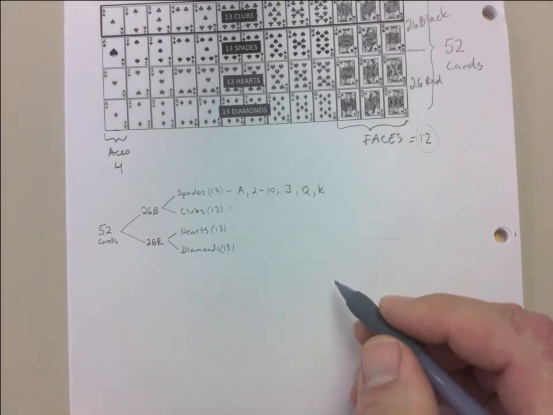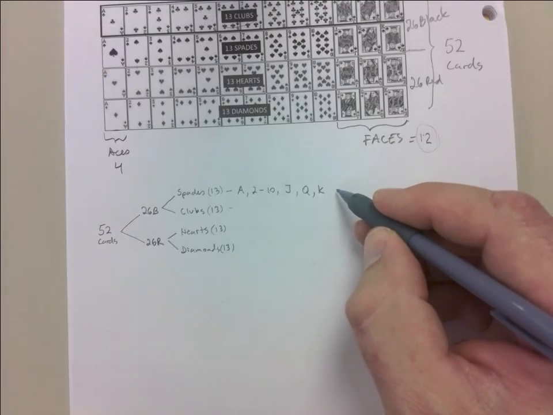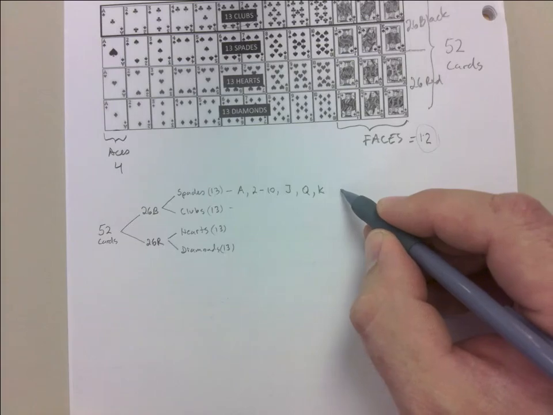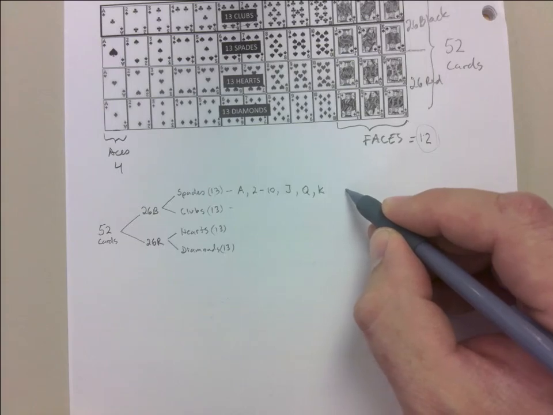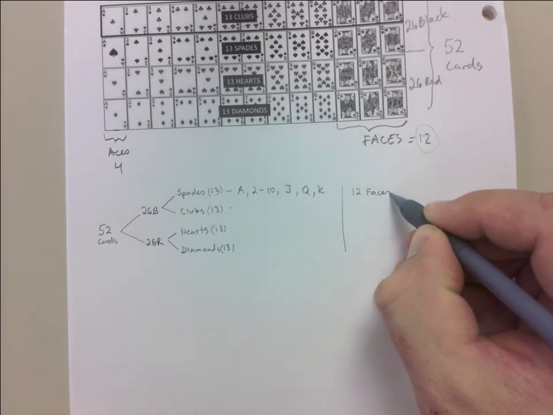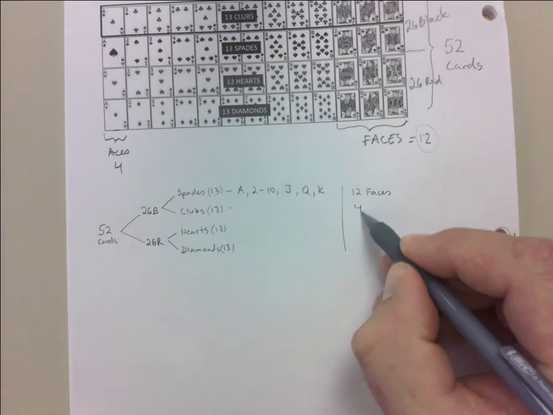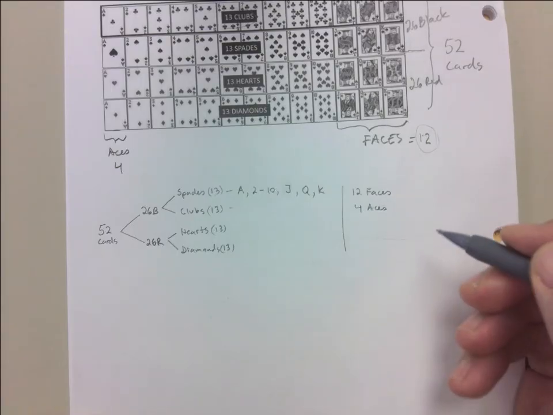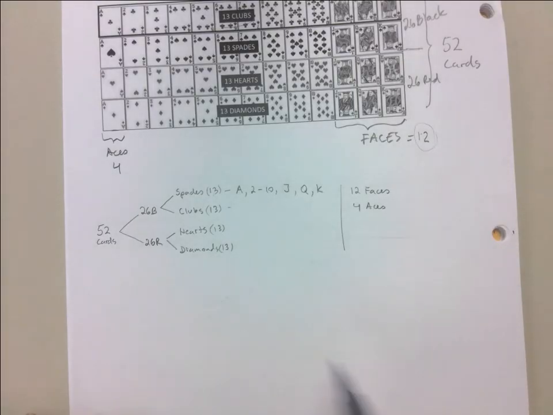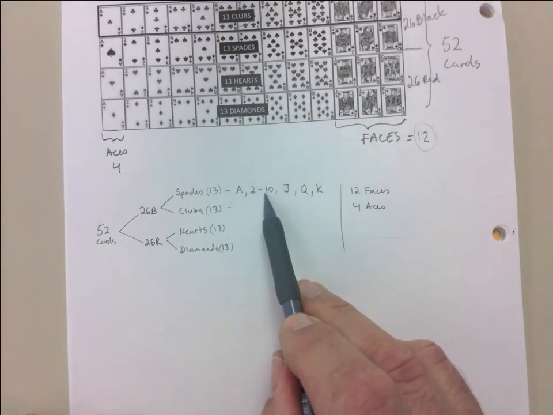These are the 13 cards that are part of this. Okay? And a little note, there are on the side here, 12 face cards, 12 faces, 4 aces. How many numbered cards are there? Numbered meaning from 2 to 10.